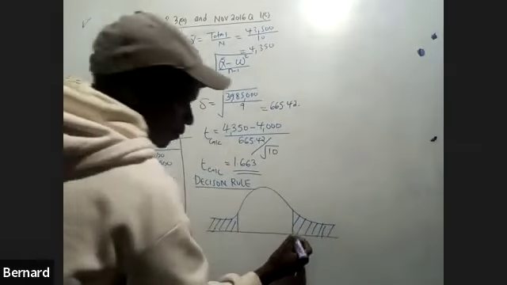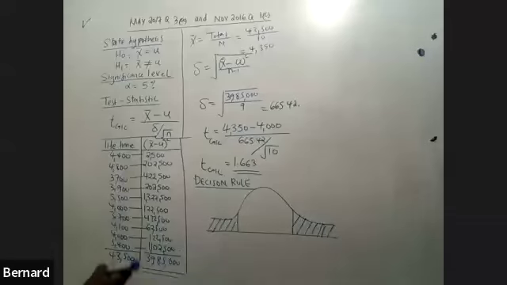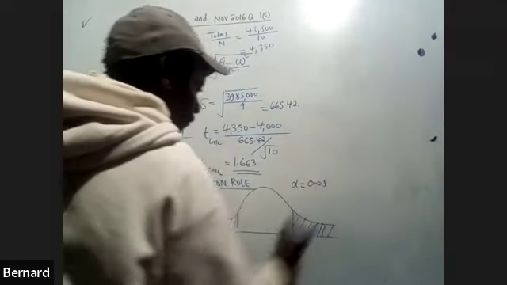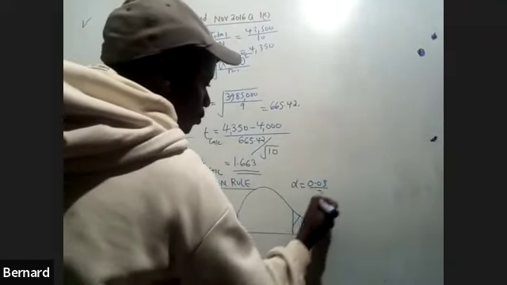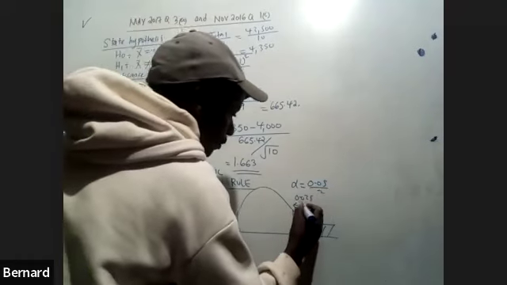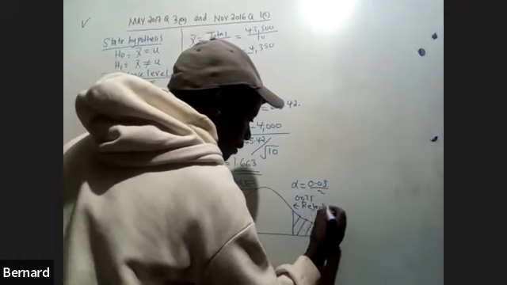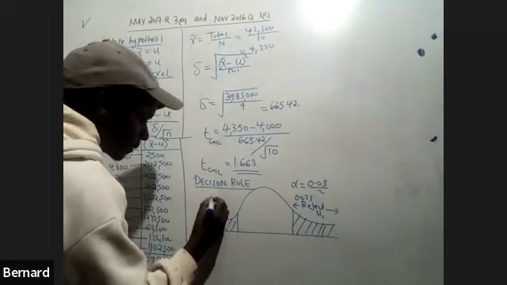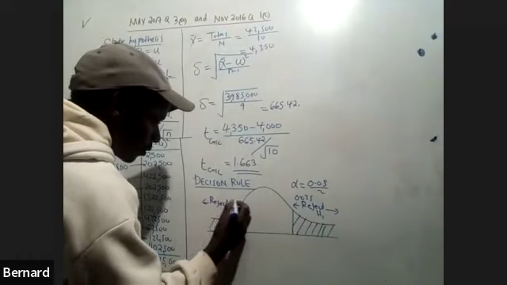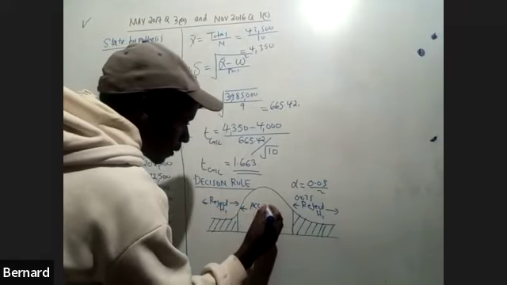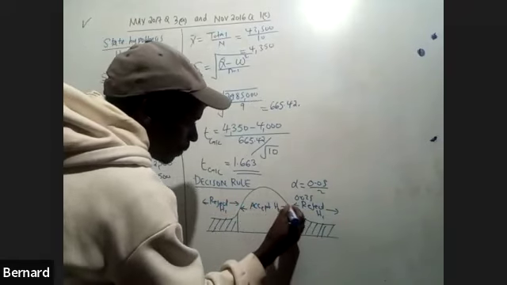Now what we do, our alpha 0.05 divided by 2, 0.025. We're supposed to reject this side, H1. We're also supposed to reject this side. And then katikati we accept H0.